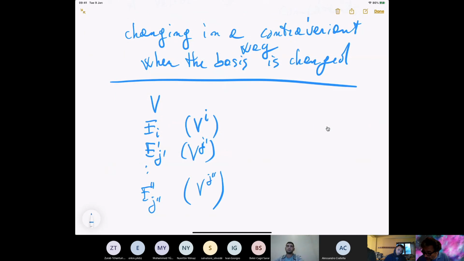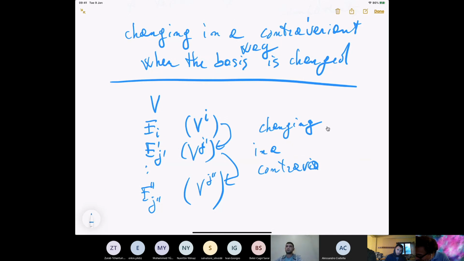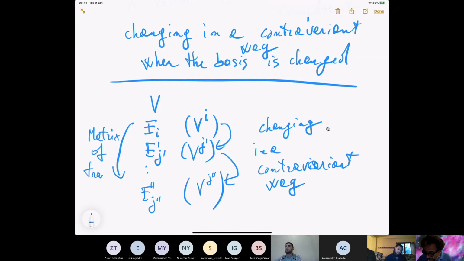And these components are changing in a contravariant way. So you have the matrix of transformation here, and the components are changing in a contravariant way.